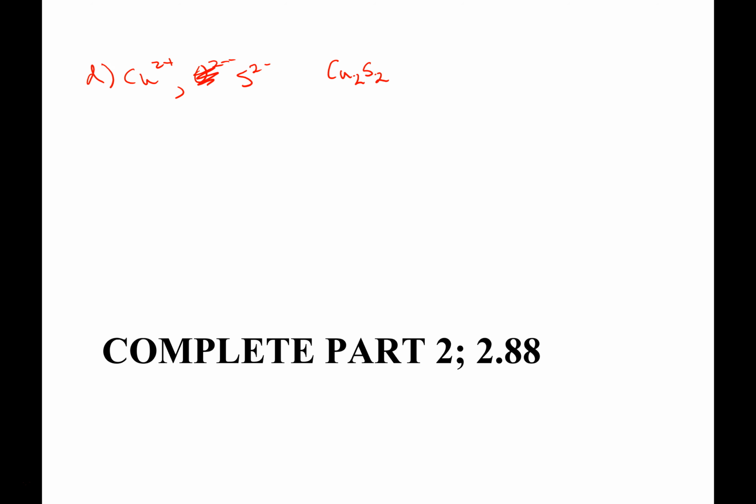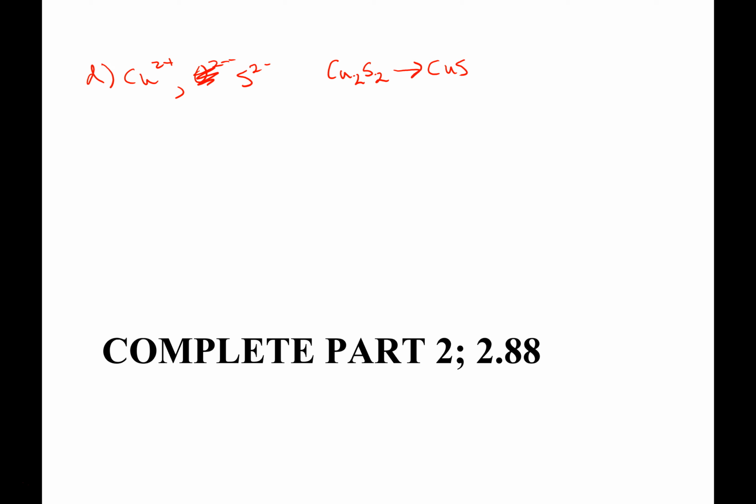If you can take the numbers that you have and divide through by a number and get another set of whole numbers, we want that. I just wanted you to divide the 2 and the 2 by 2 and get 1 and 1. So CuS. So that's one catch with crisscrossing, but cool.